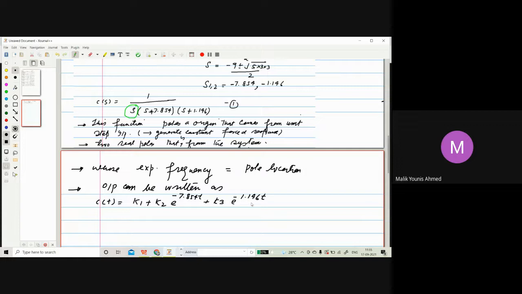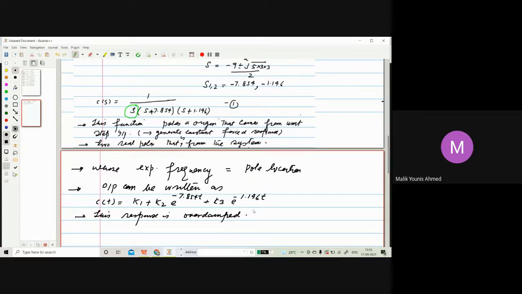That's exactly the location of the pole. You have to consider the minus here; we don't have e raised to minus some other value, we write the location of the pole. So this will be the initial output, and this response is an overdamped response.